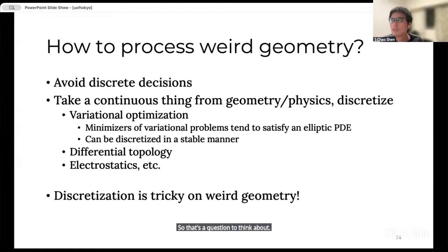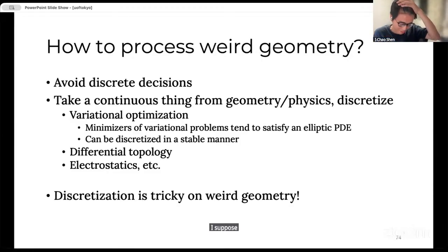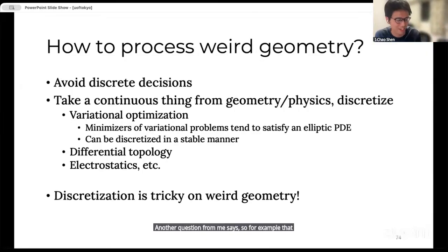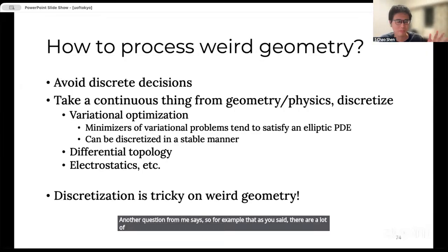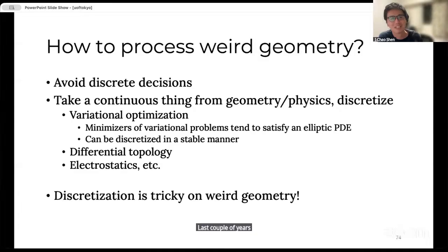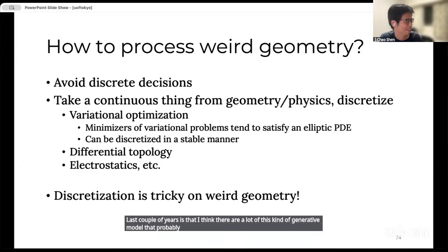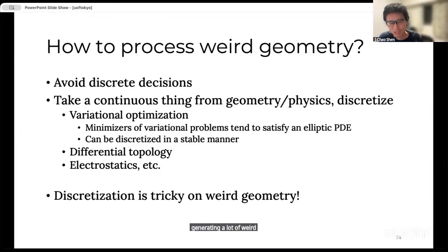I see. Another question from me is that, as you said, there is a lot of weird or imperfect geometry. And one recent thing I learned, at least over the last couple of years, is that there are a lot of generative models that will probably also generate a lot of weird geometry or weird topology.